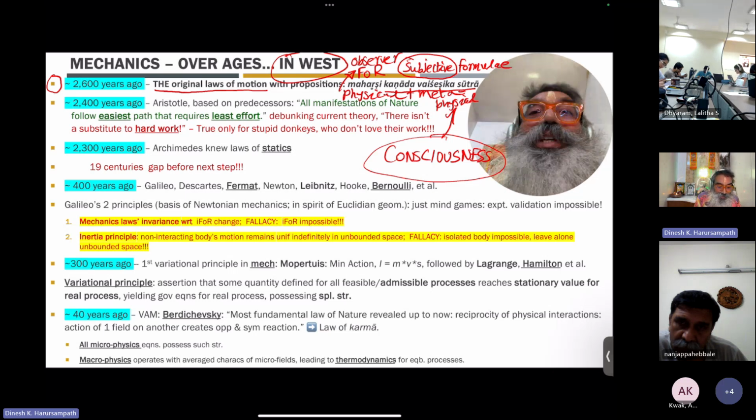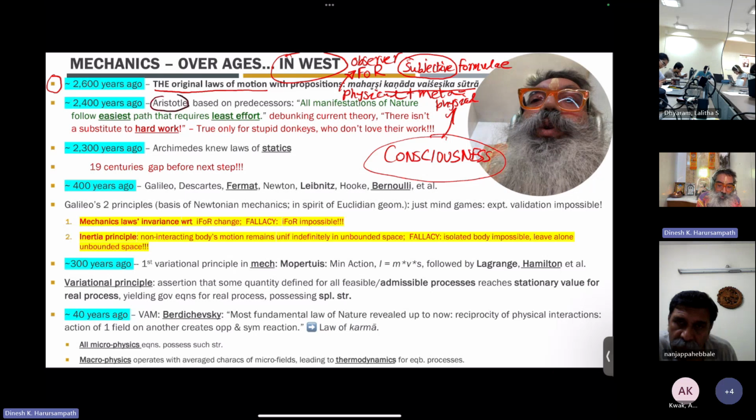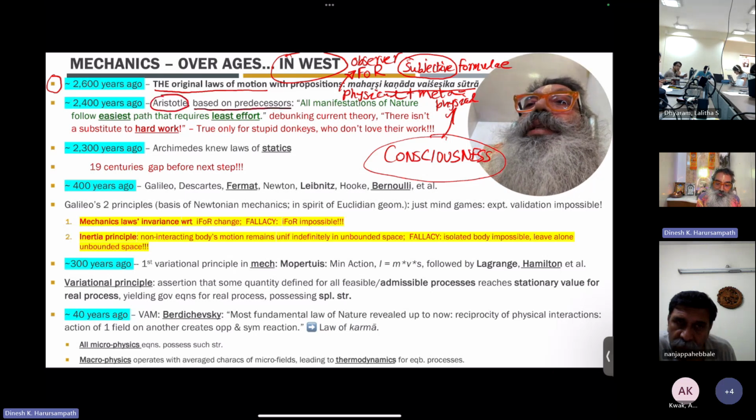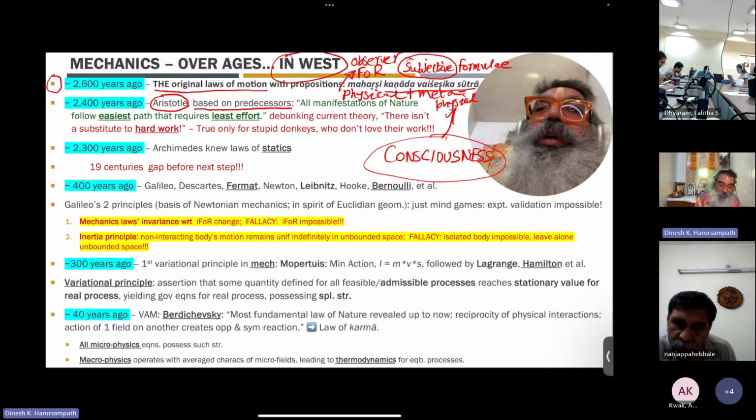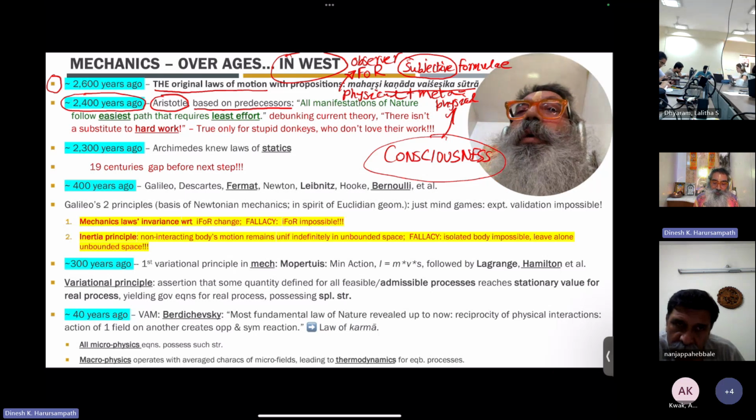Because Aristotle himself, in his work, the pioneer from a Western point of view, says that whatever he writes is based on predecessors. Of course, he doesn't talk about the nationality of the predecessors. But even if they were Greek predecessors, it shows that these were bodies of knowledge which existed more than 2.5 millennia ago.